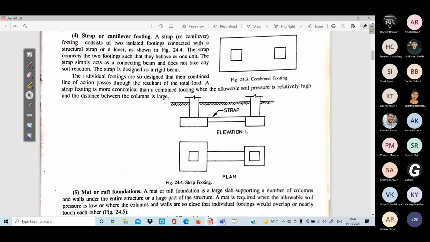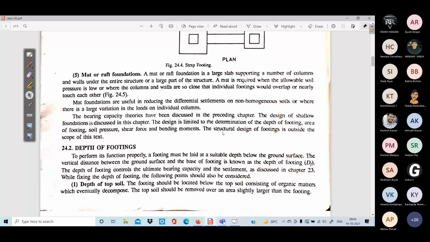It is designed so that the combined line of action passes through the resultant of the total load. It is more economical than the combined footing when the allowable pressure is relatively high. When the footings are large, we combine them.